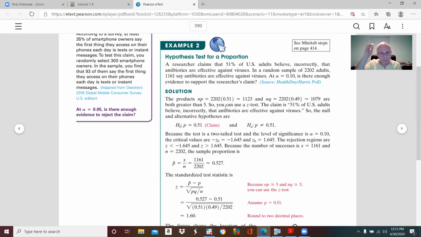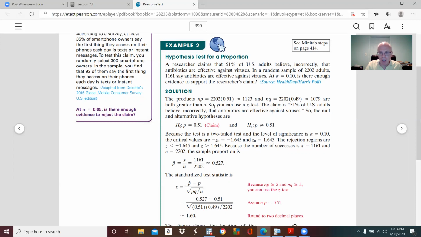Now, when we look at the hypothesized proportion 0.51, notice that when we multiply it by 2,202, we get 1,123. When we multiply 2,202 by Q, which is 1 minus P, which is 0.49, we get 1,079. Both of these are well above 5, well above 10.